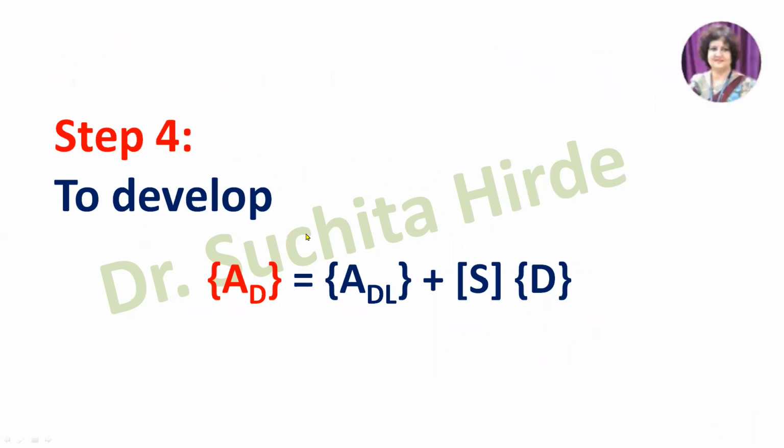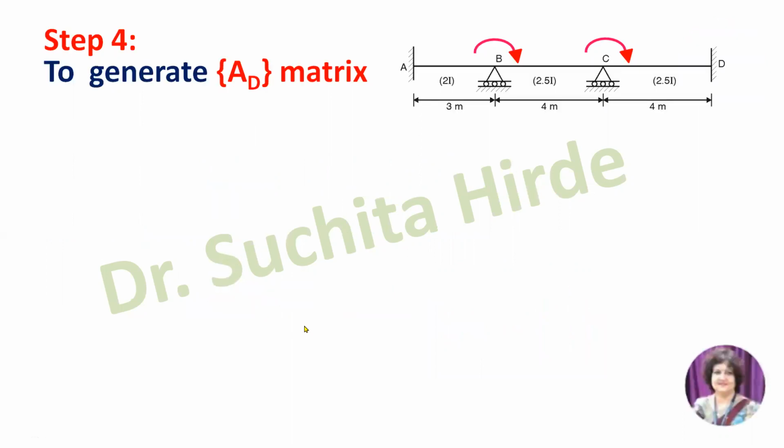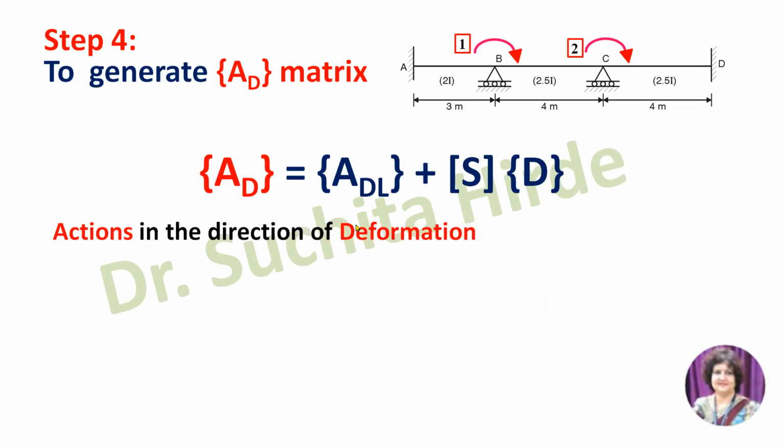After this, step number 4 is to form the AD matrix. Now what is the AD matrix? Here also we have to draw the coordinates. The AD matrix is action in the direction of deformation. So what are the actions in the direction of coordinate 1?